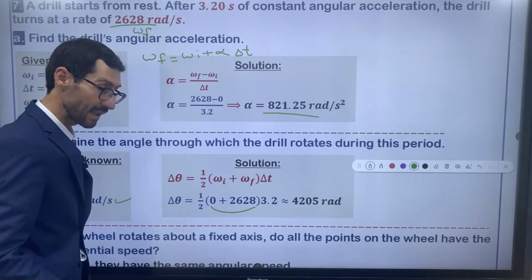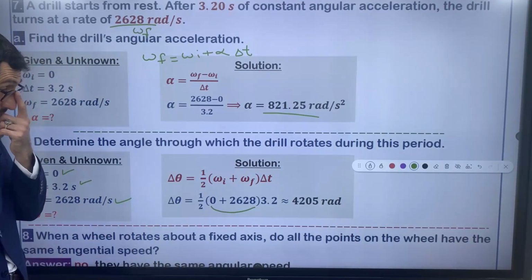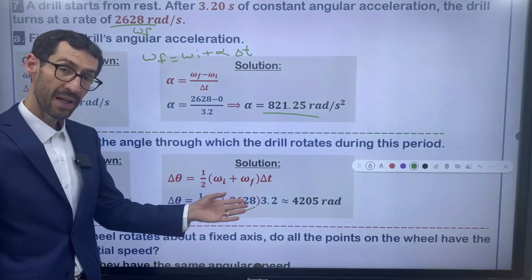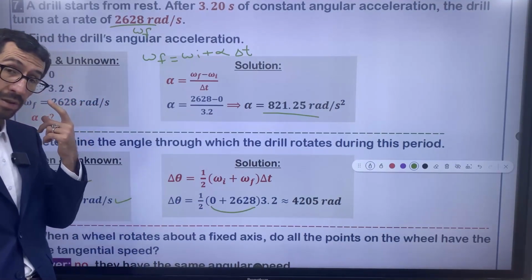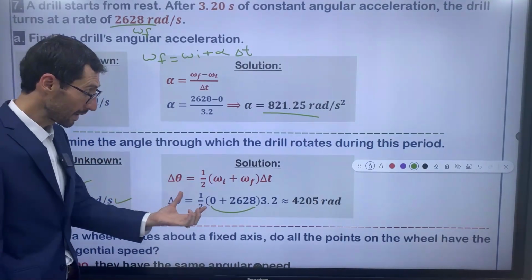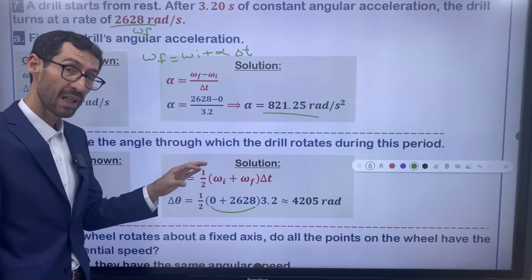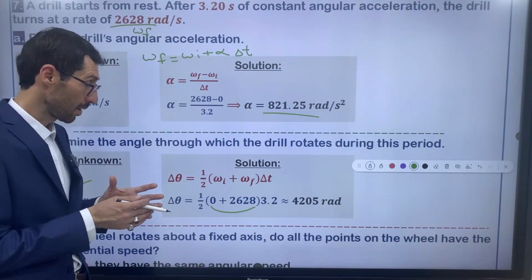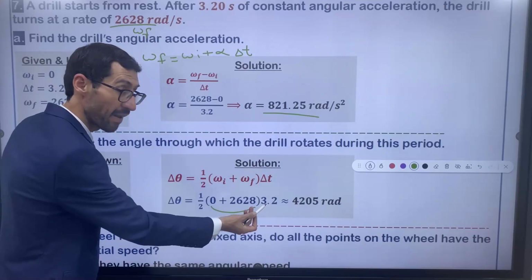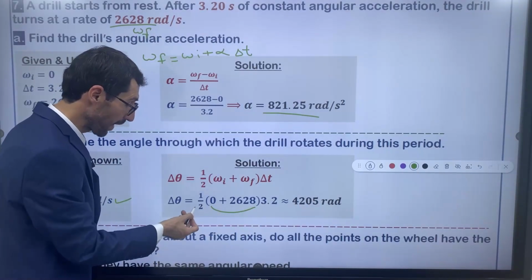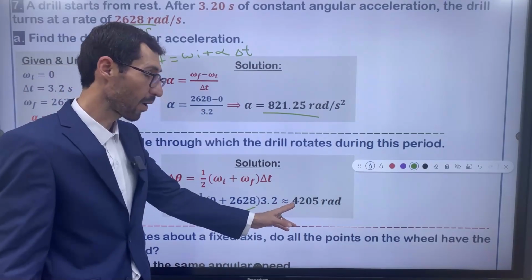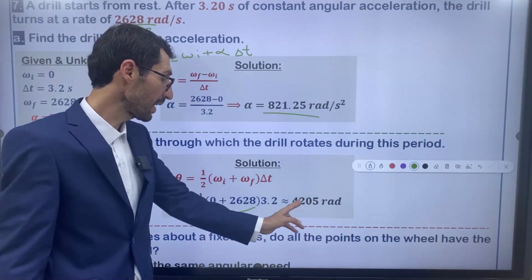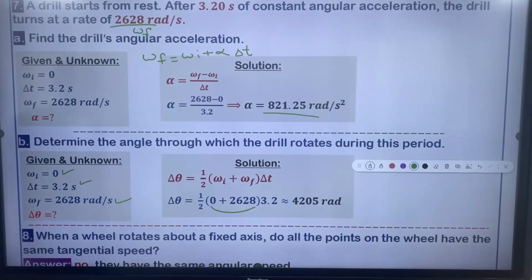Teacher, how do you calculate this algebraic term? So I want you to calculate the value within the bracket. After that, multiply by 3.2, divided by 2. So you get 4,205 rad approximately. That's it.